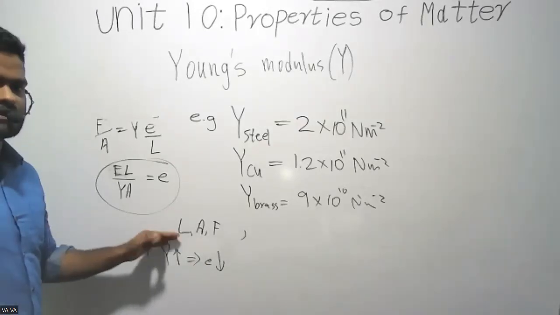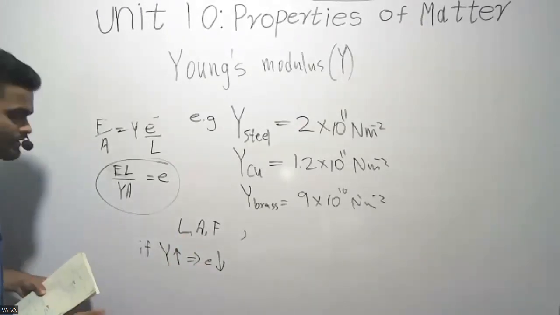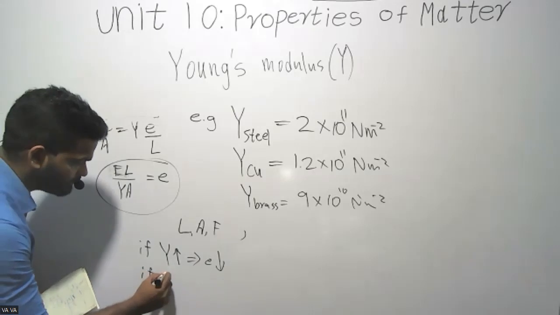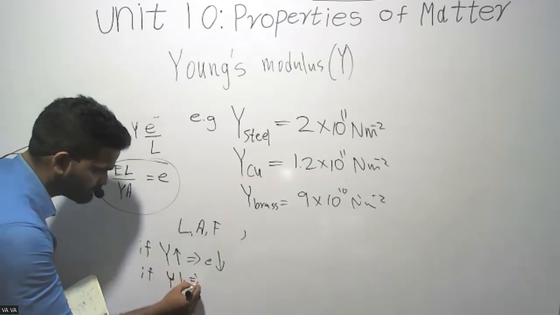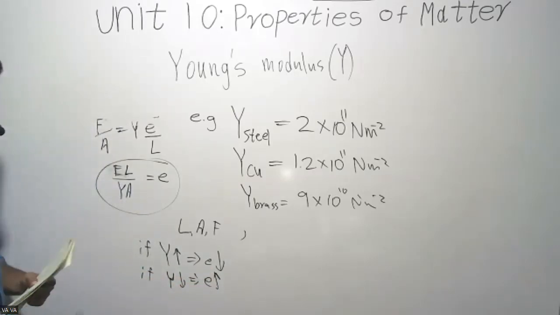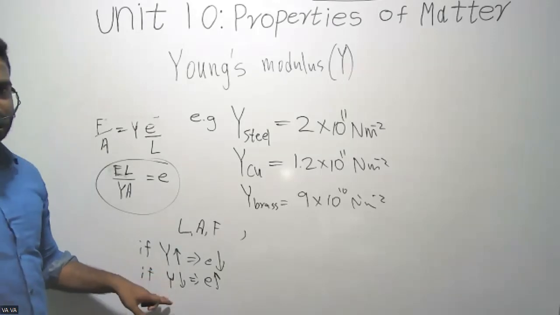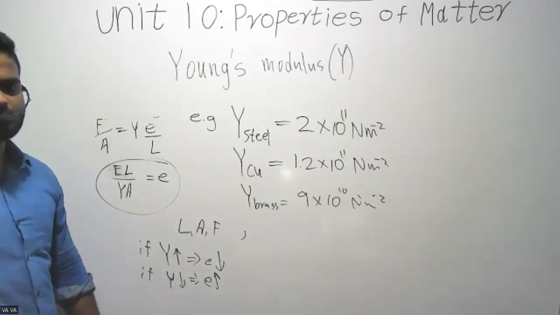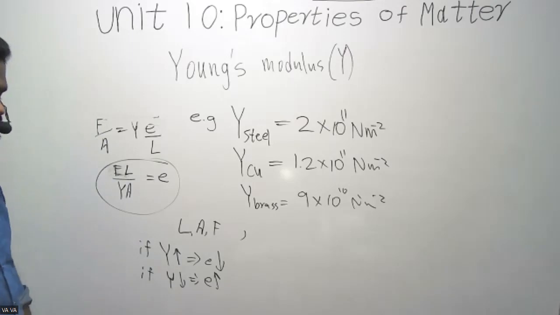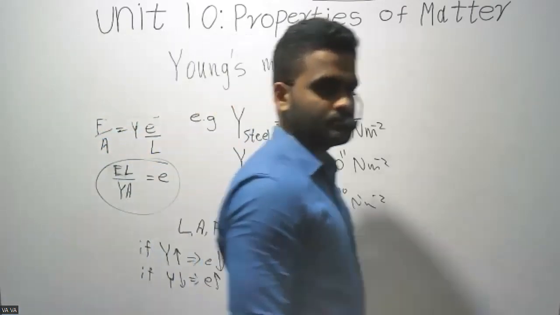If Y is high, E is less. Then if Y is less, E is high. If Y is less, E is high. Write that down.